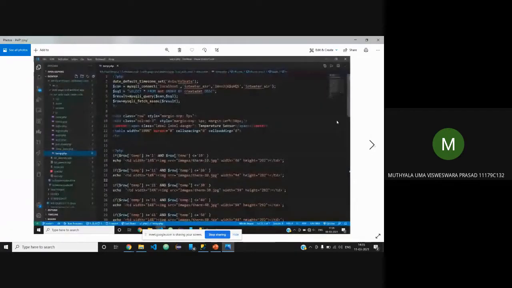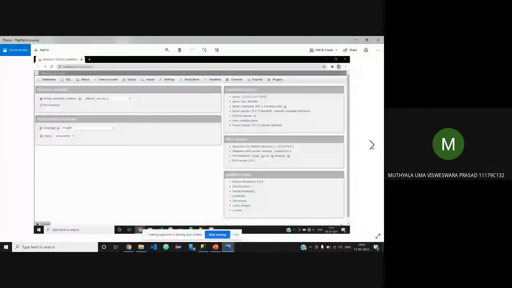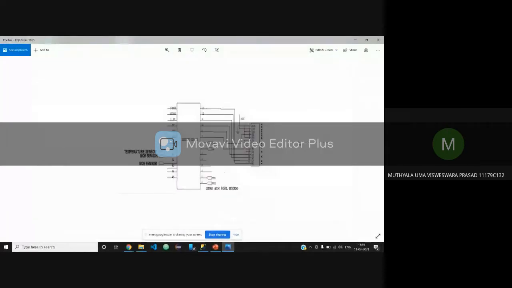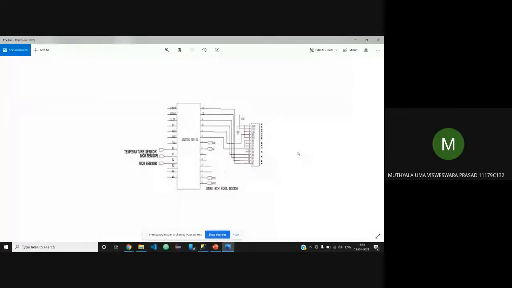This is the website PHP code, and here we designed the database using the phpMyAdmin portal. This is the overall connections of the Arduino hardware part.